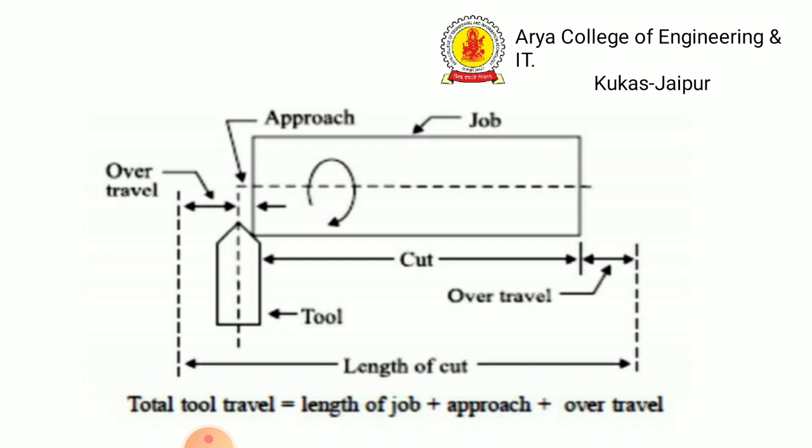So total tool travel equals the length of the job, plus the approach between the tool and workpiece, plus over travel, as given in the figure.